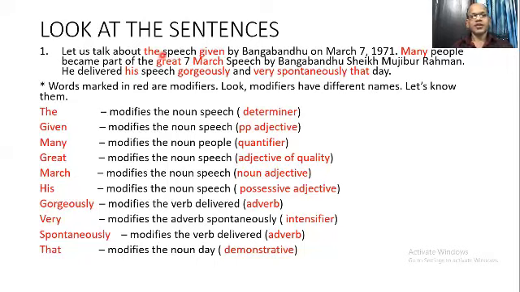So you know it has got different names, and these words modify other words like noun, adjective, verb, adverb. Okay, now let us proceed. Keep remembering the names I pronounce: determiner, adjective, quantifier, adjective of quality, etc.